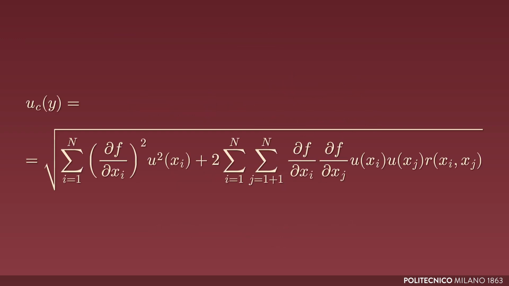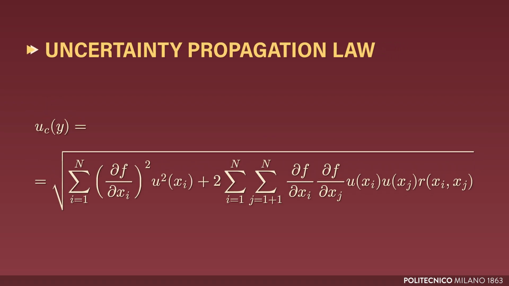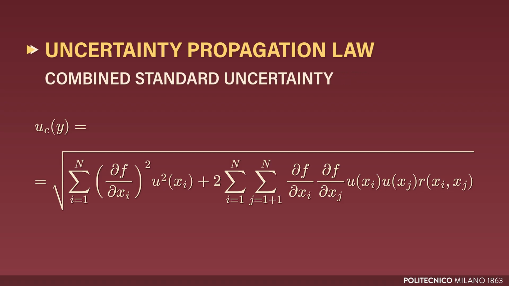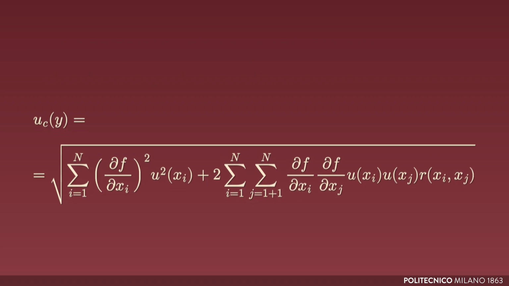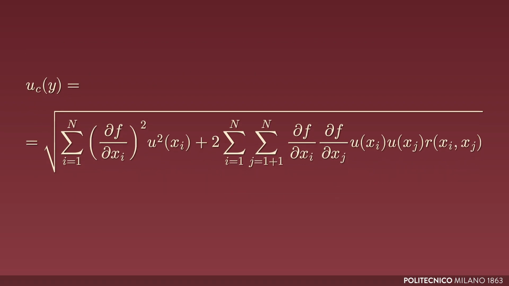You can then obtain the equation you see here, which is known as the uncertainty propagation law and which provides the standard uncertainty, called the combined standard uncertainty, associated with the result of an indirect measurement. As you can see, the combined standard uncertainty is given by the square root of the sum of two terms.